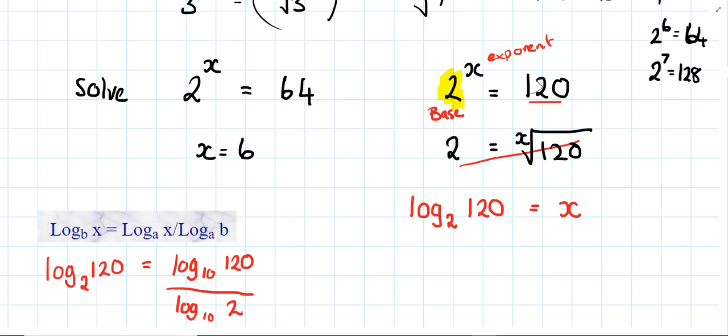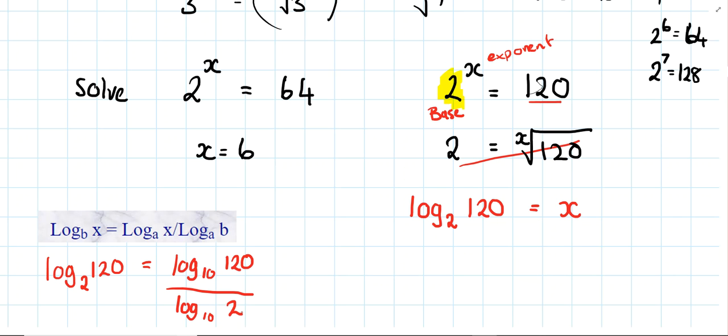We need that if we don't have a calculator that can put log to the base anything in, and our calculators only have log to the base 10. Log to the base 10 is just log. So you can put it in as log 120 divided by log 2.